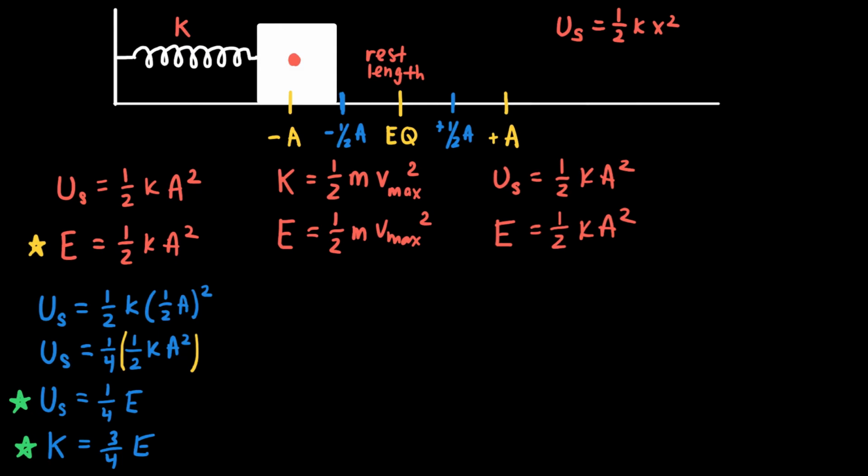So now I'd like to go ahead and look at a graph of the energy as a function of position for this system. So what would that look like? And so we're going to make a little graph with just one axis that has at each point the energy that's associated with that position.